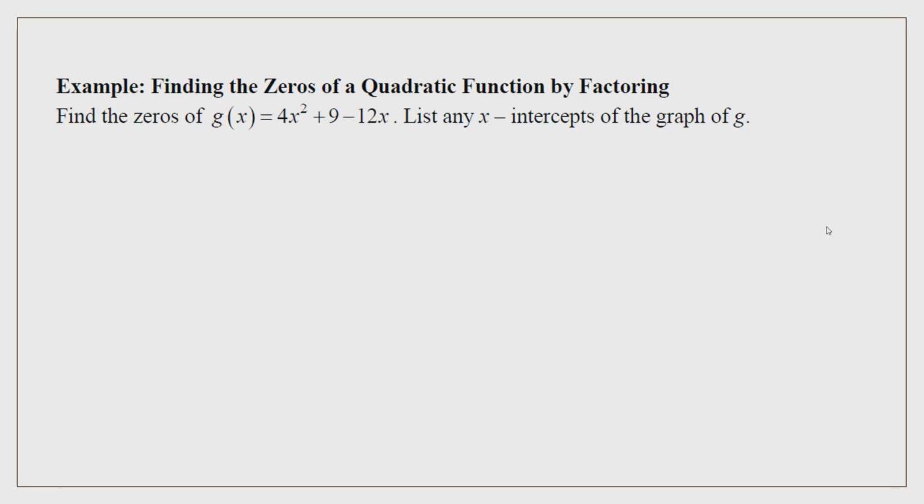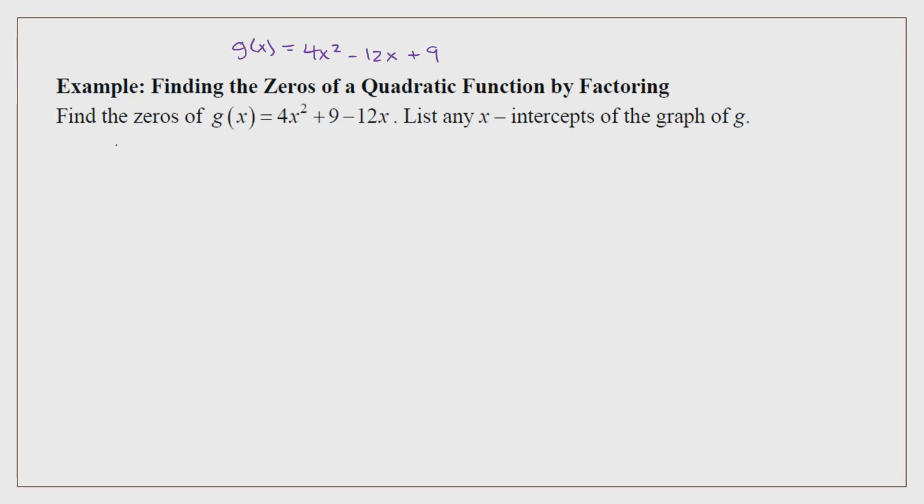So the first thing that I notice in this problem for g of x is it's not written in descending order. So to help me clearly solve this problem, I'm just going to rewrite it in descending order. So I'll have g of x equals 4x squared minus 12x plus 9.